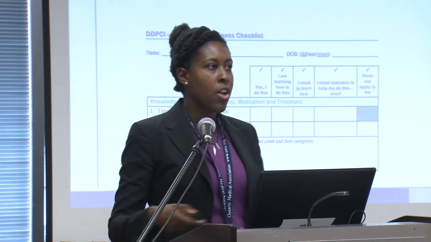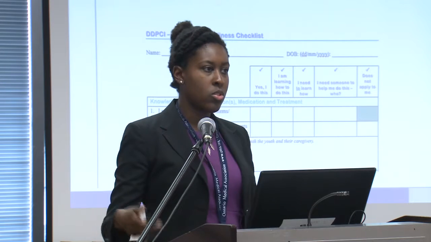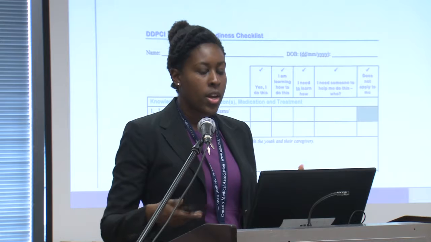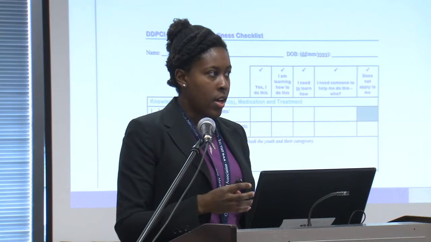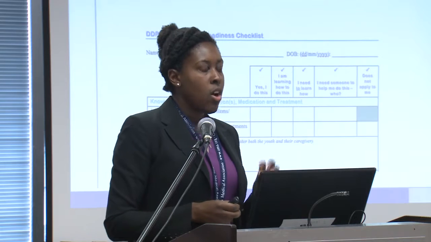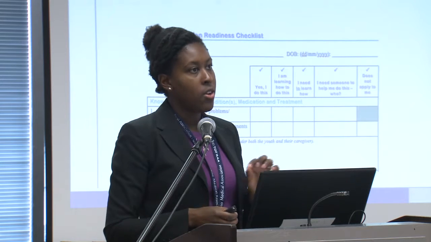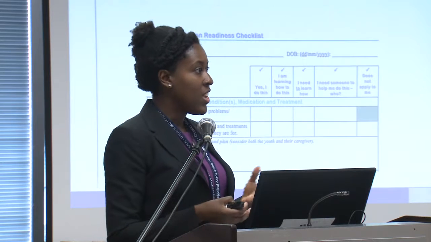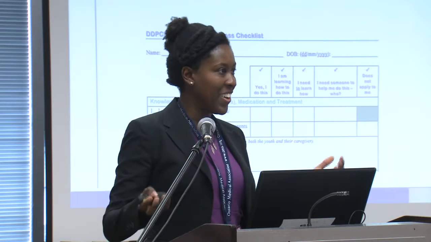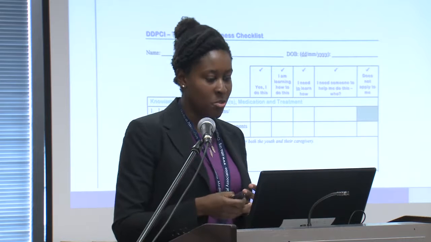We added the caregiver into this checklist, which is a little bit unique, because we wanted it to be something that is applicable to people with all levels of ability, and it also can highlight if the caregiver has some skill needs as well. So it's possible that the caregiver doesn't know how to do that either, and so we can start to work on that.